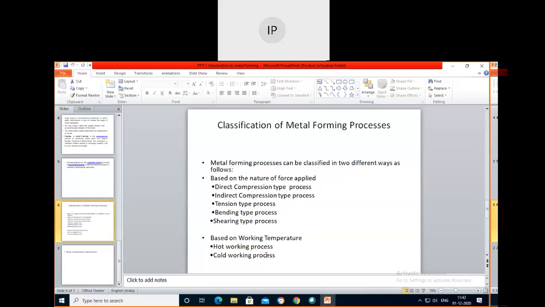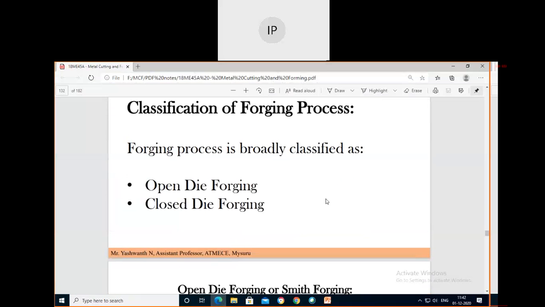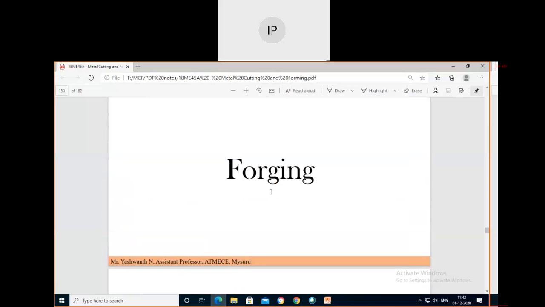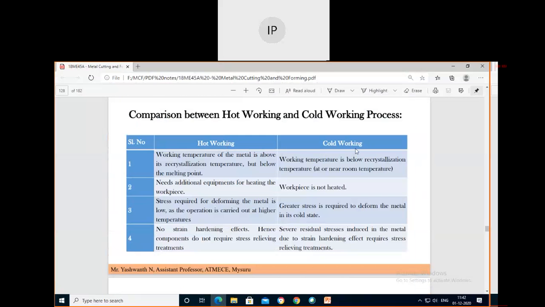Now today we see the first type of metal forming, that is forging. Also we studied how to differentiate between hot working condition and cold working condition. If we see the first one, depending on the working temperature, if the temperature of the metal is above its recrystallization temperature, we call that the hot working condition.